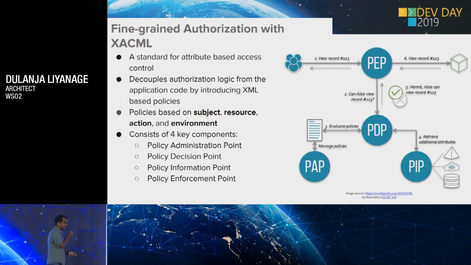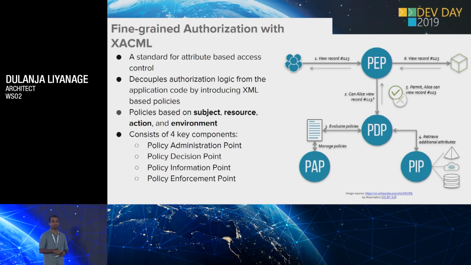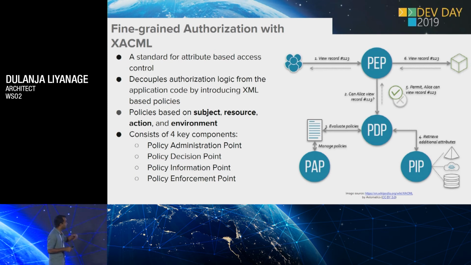But does it solve the problem like, for example, an online wine store? You can't access it if you are not 21 or older, right? Can role-based access control solve that problem? That's a very simple example. That's where fine-grained authorization, also called attribute-based access control, comes into the picture.